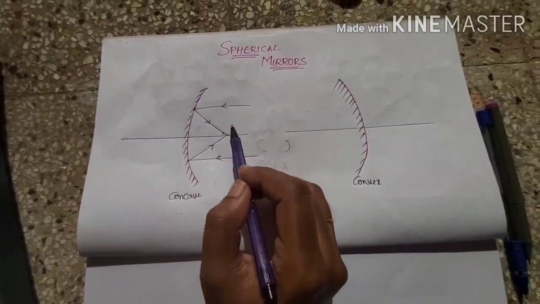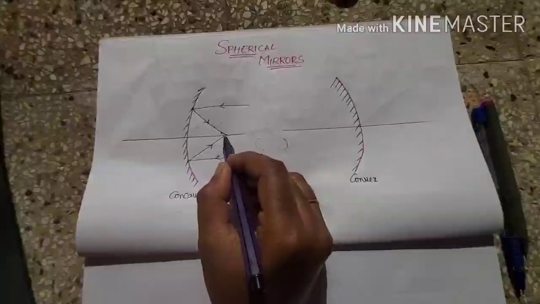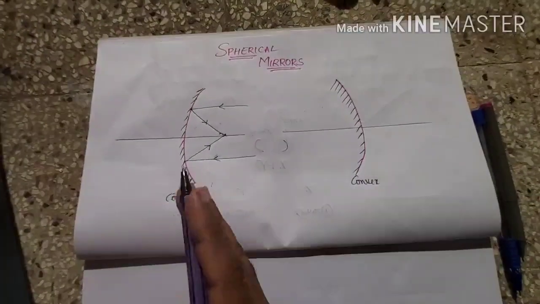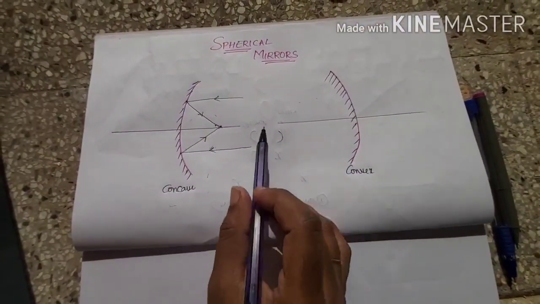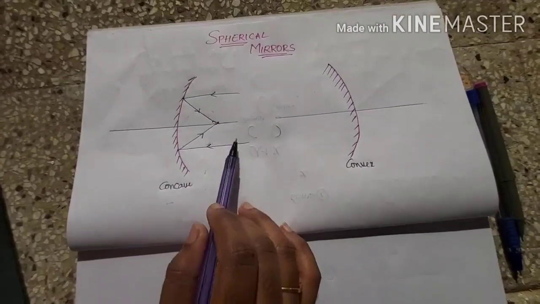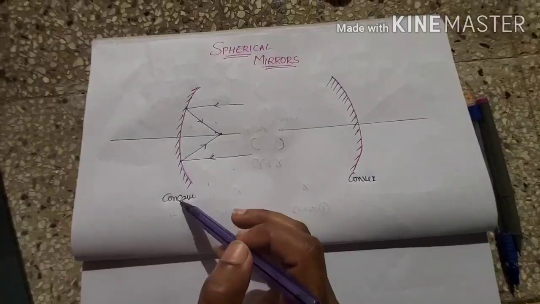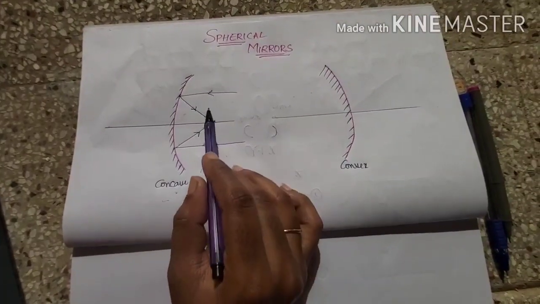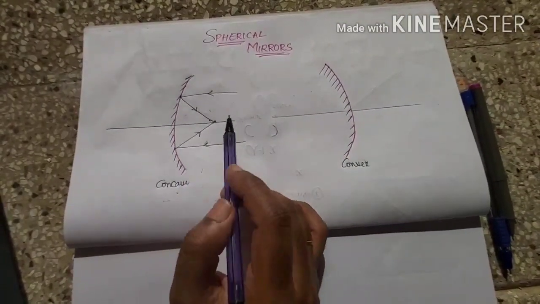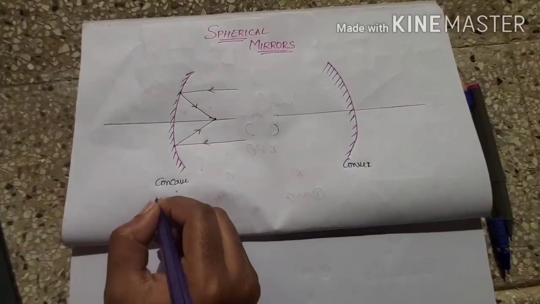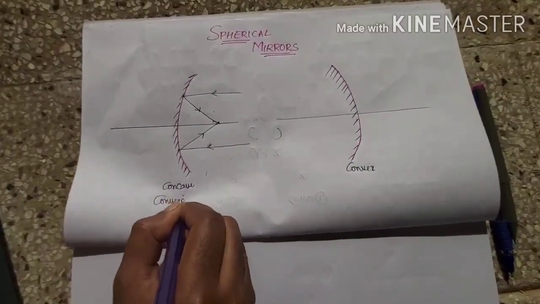Converging at a point means they meet at the same point after reflection. In the next video, you will be learning about why these parallel rays are converging here. I'll explain that later. For now, just remember, in a concave mirror you'll always have your rays converging at a point. That's why it is called a converging mirror.